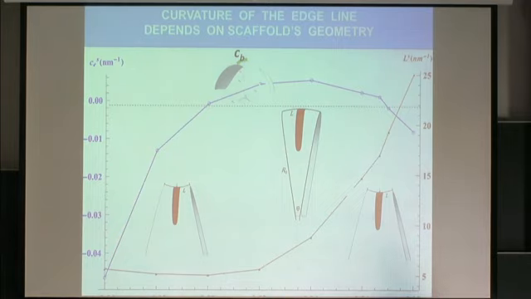This gave us support for our assumption that different arc-like proteins, or protein oligomers, better to say, can generate edge lines with positive, zero or negative curvature, depending on the transverse curvature of the arc.